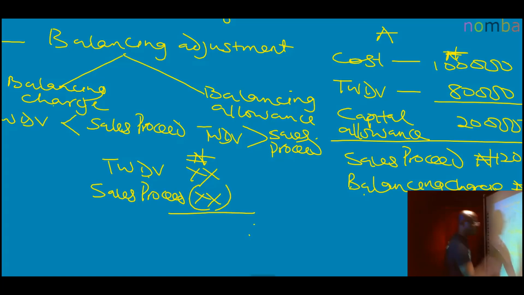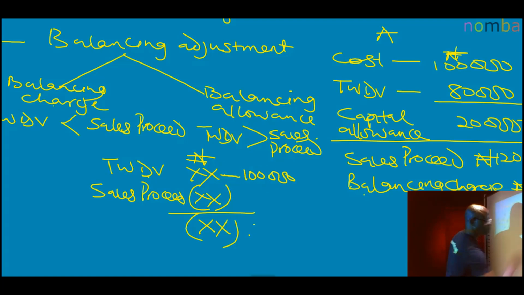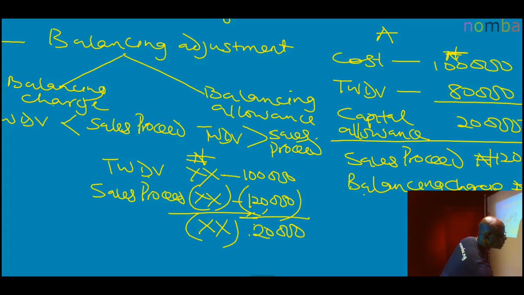Okay? Assuming, let me put figures here. This is 100,000. Okay? And this is 120,000 in brackets. So if this was to be the answer, what will have happened here? I will have gotten 20,000 in brackets.